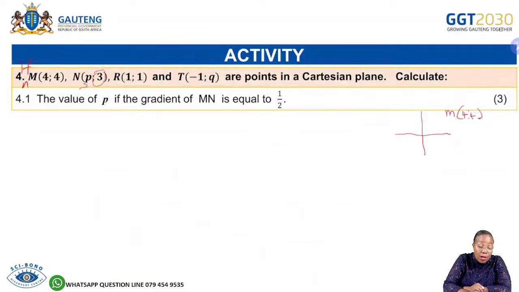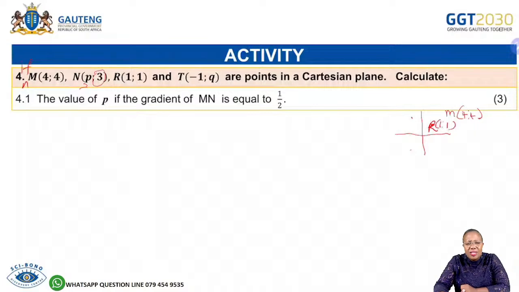We don't know the actual x value, whether it's negative or positive. And then R is (1; 1). So R is in quadrant 1. And then T is (-1; q). We don't know whether q is positive or negative. Can you see? It's not that easy to predict this diagram because now we have unknowns there.